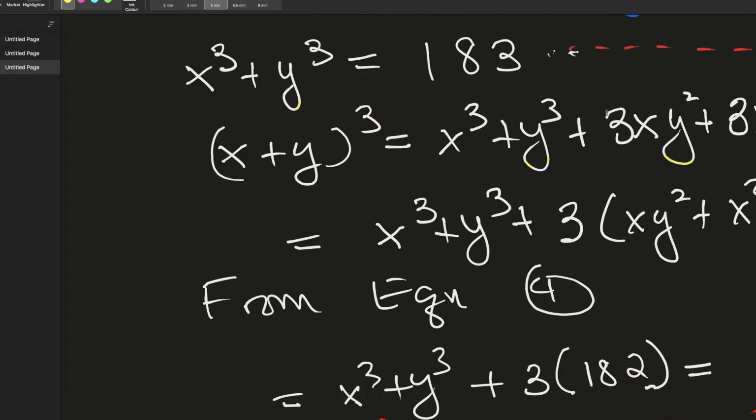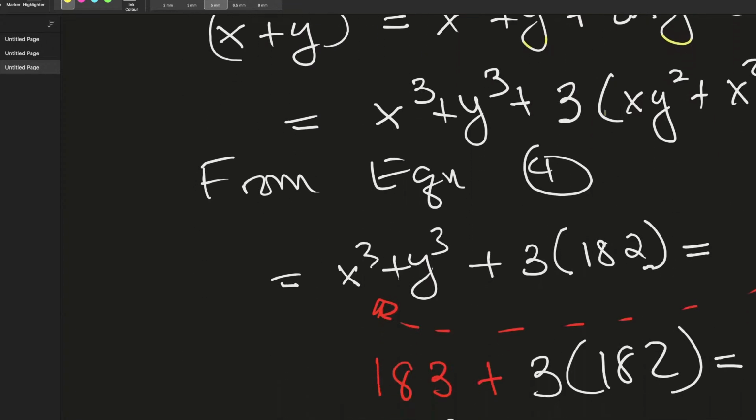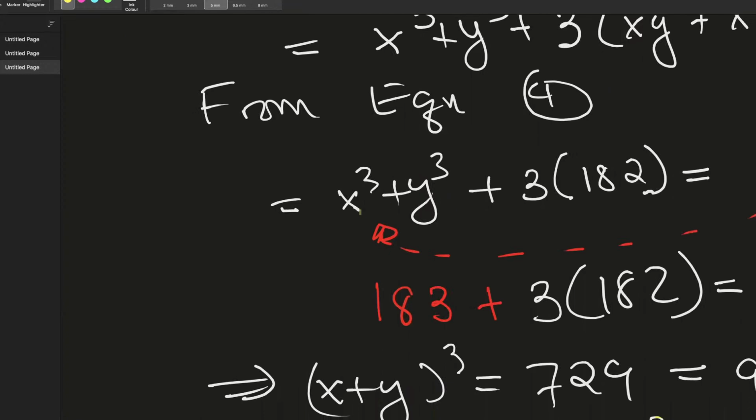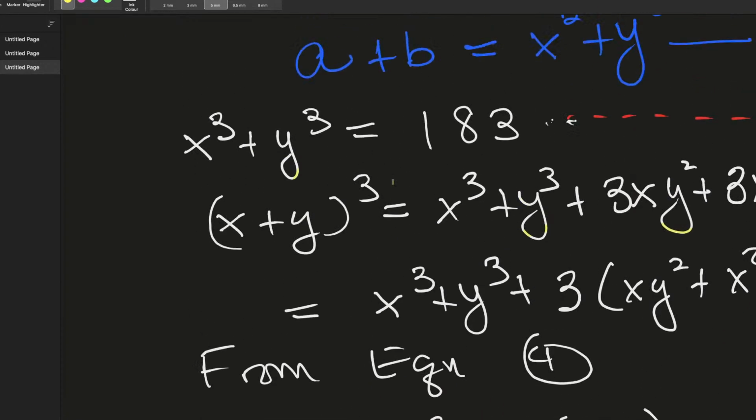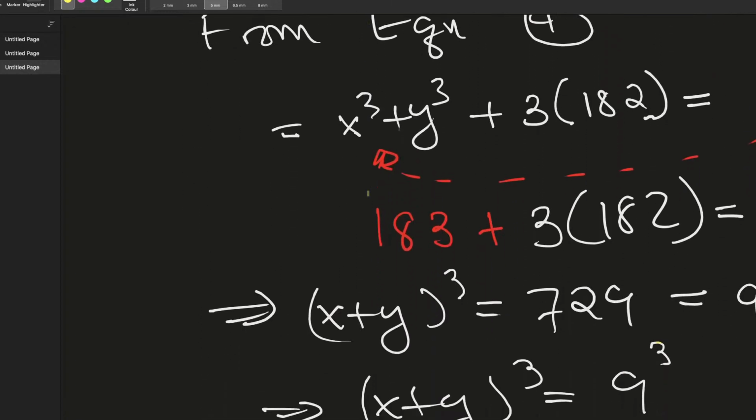You see the bottom one is 182, so I put 182 here. And I know x cubed plus y cubed is also 183 from the first equation. So my further simplification gives me 183 plus 3 times 182. When I simplified it, I had 729.